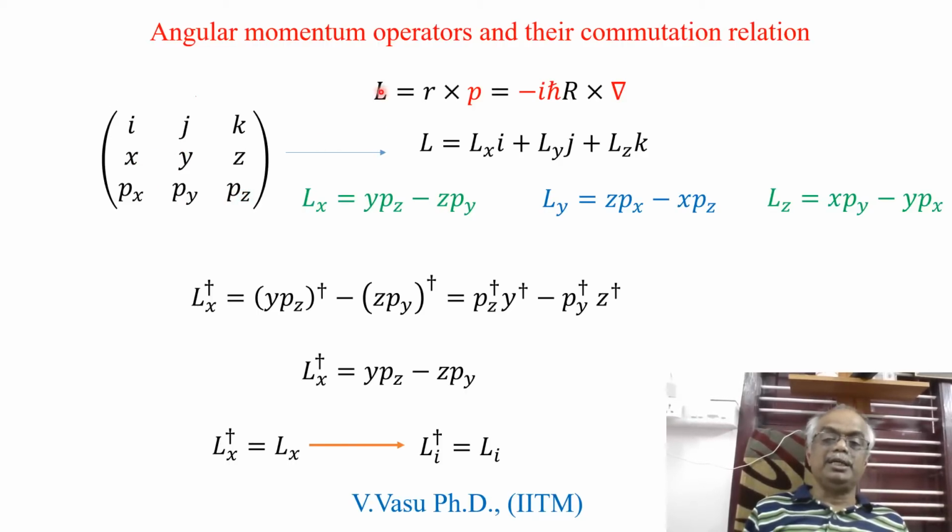This operator is in position representation. So what is the x component? That is the ith component. So you have to multiply y pz, and minus this one, pyz, minus zpy.